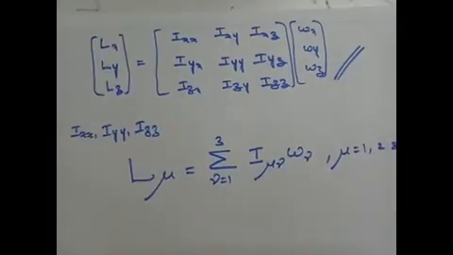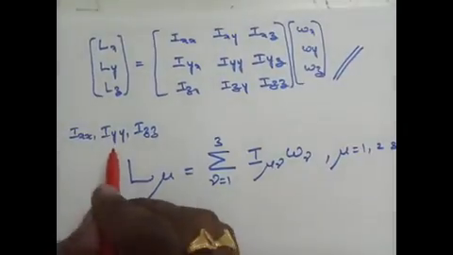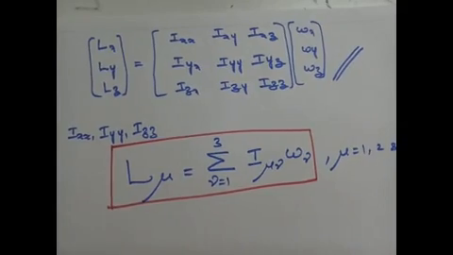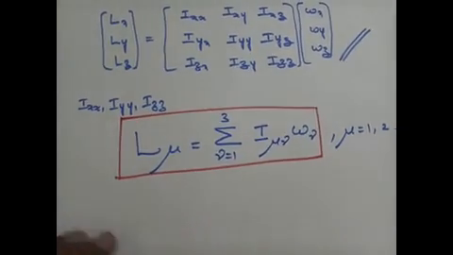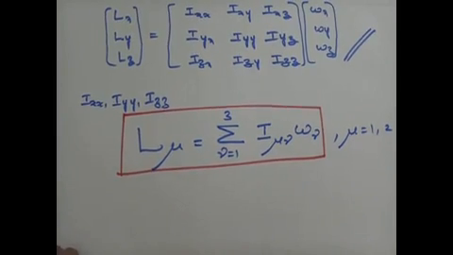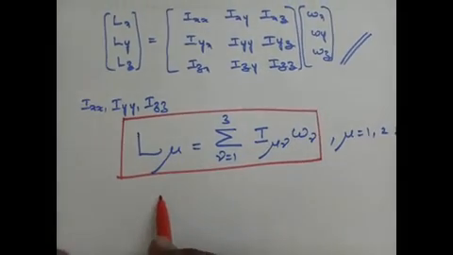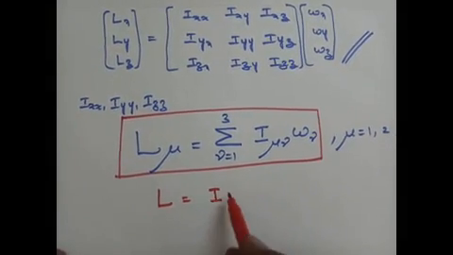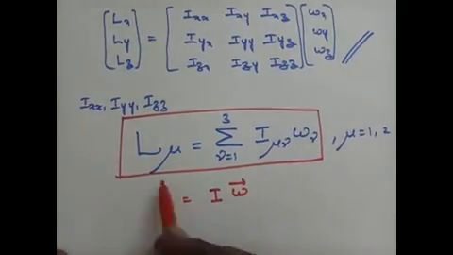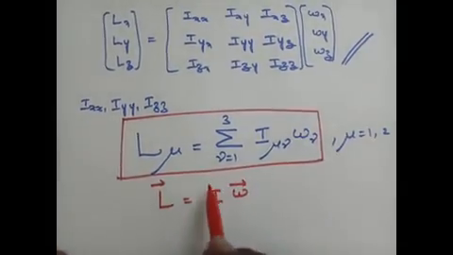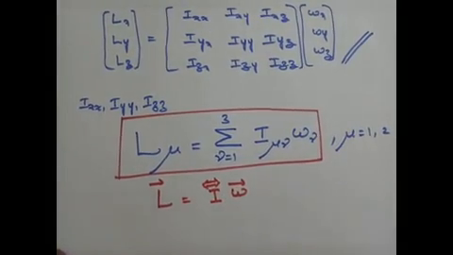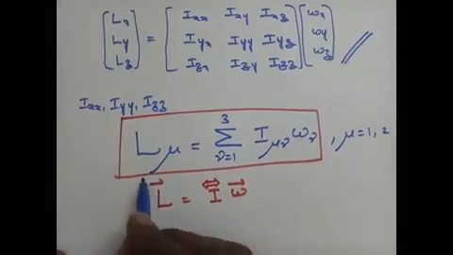This is the compact form of angular momentum. This equation can also be written as L bar equal to I omega bar, where L bar and omega bar are vectors. This is also a very important equation.